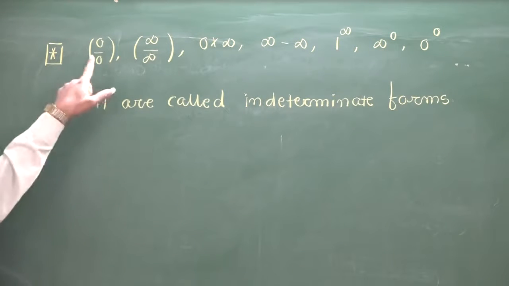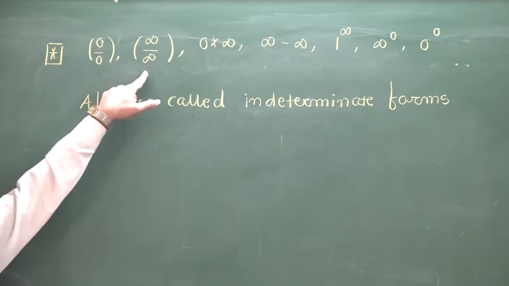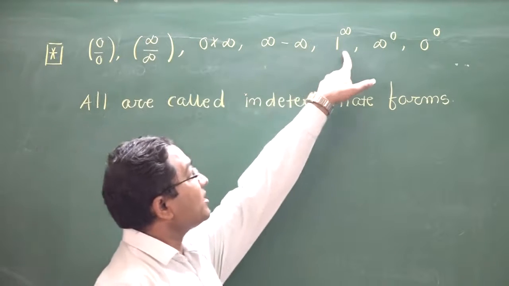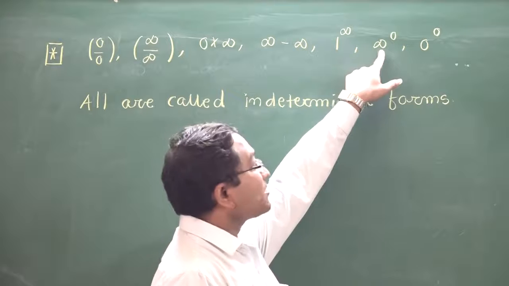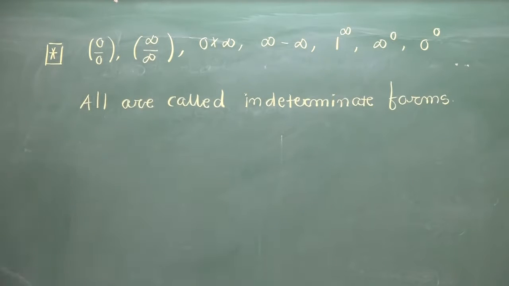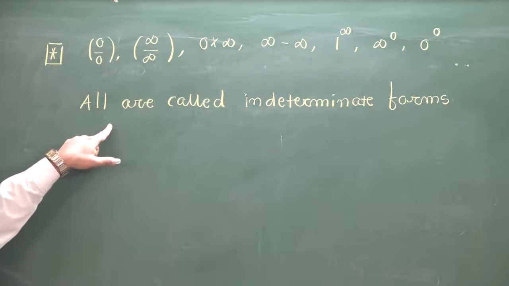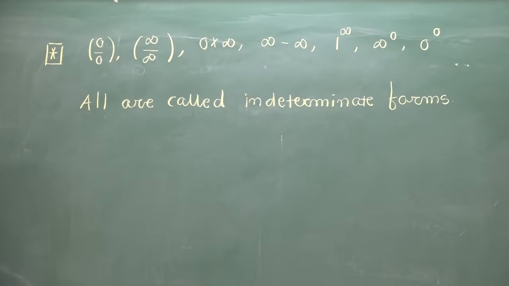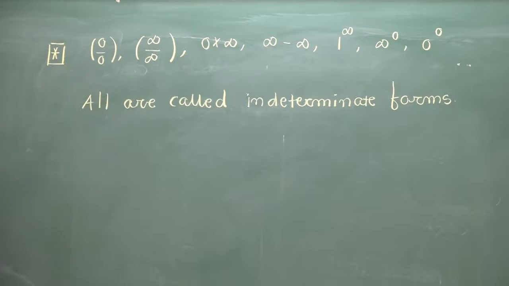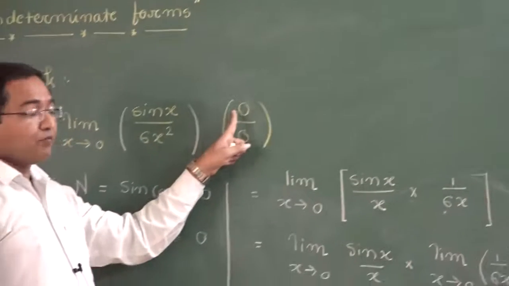Then 0 by 0, infinite by infinite, 0 cross infinite, infinite minus infinite, 1 raised to infinite, infinite raised to 0, and 0 raised to 0. So there are 7 types of indeterminate forms in our chapter. First we try to evaluate when, after substituting the limits, the form becomes 0 by 0.